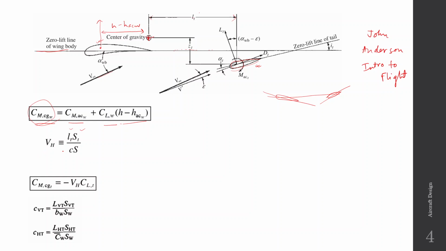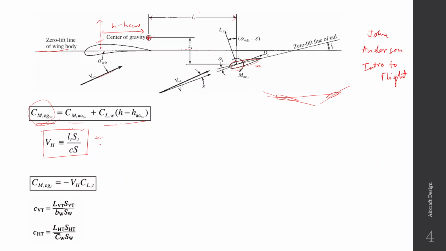So what happens is that when we do all this normalization, when we make all these quantities unitless, this ratio comes up in the picture, and this ratio is called the horizontal tail volume ratio. This is kind of like a standard number.